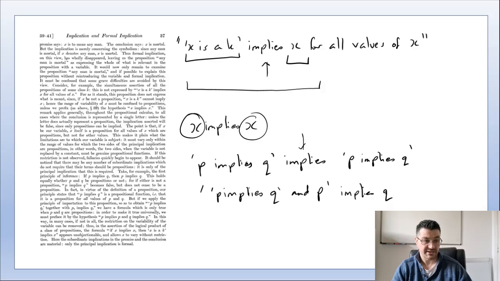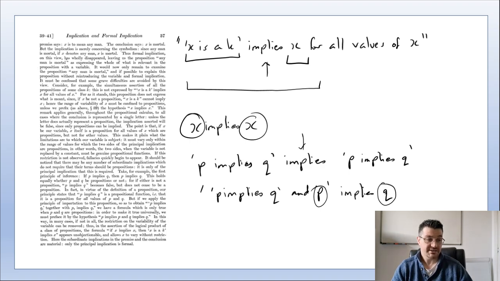In the second case, we certainly need P and Q to be propositions here, because if Q is not a proposition, then it can't be implied. And if P is not a proposition, then it causes problems as well.